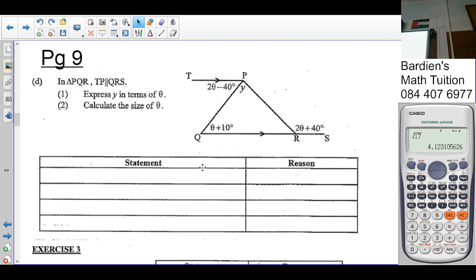Then in this one, they told us angle PQR, TP is parallel to QRS. So if lines are parallel, what do we know? Alternate angles are equal. Can you see that? Then we are told in number 1, express y in terms of theta.